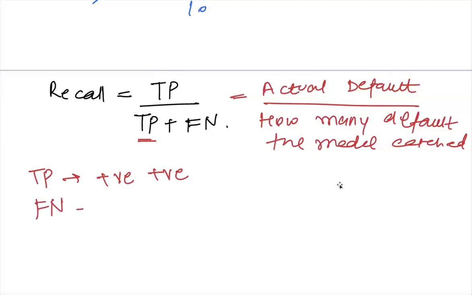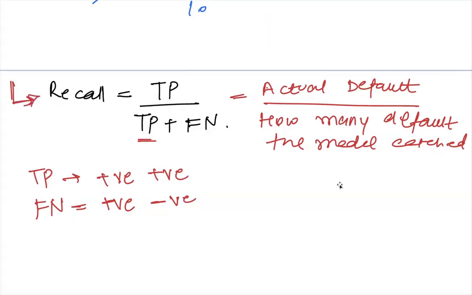False negative means the model has predicted negative, but actually it is positive. So when we add these two, we are saying how many defaults the model has been able to catch. So it is actual default by how much the model was able to catch. That's it. So this is what recall means.